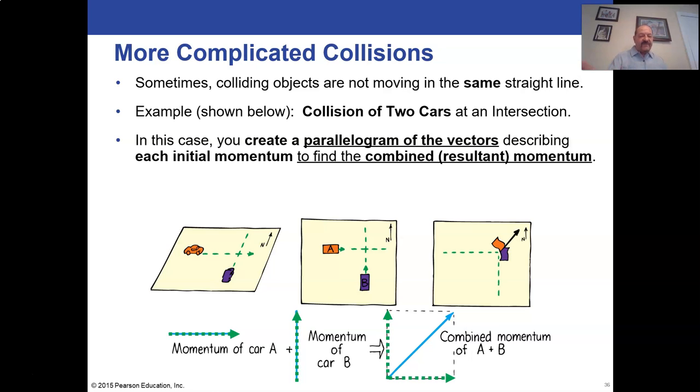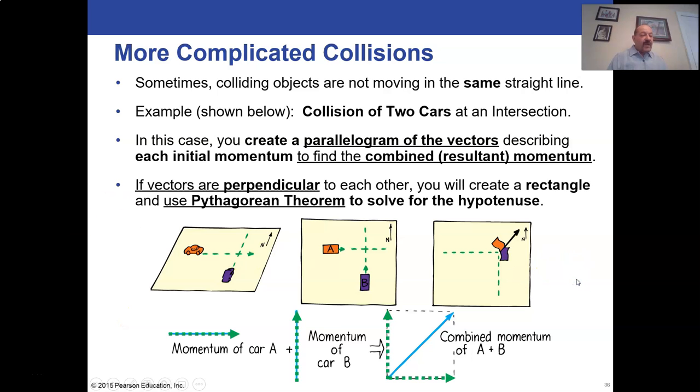In this case, if we have same size cars hitting and they have the same speed, but they're hitting at right angles, we're going to end up having the two come together and come off at a 45-degree angle from that intersection as a result of their new, vectorially combined momentum. So if you want to find out the value, you just use the Pythagorean theorem because they're at right angles to one another.